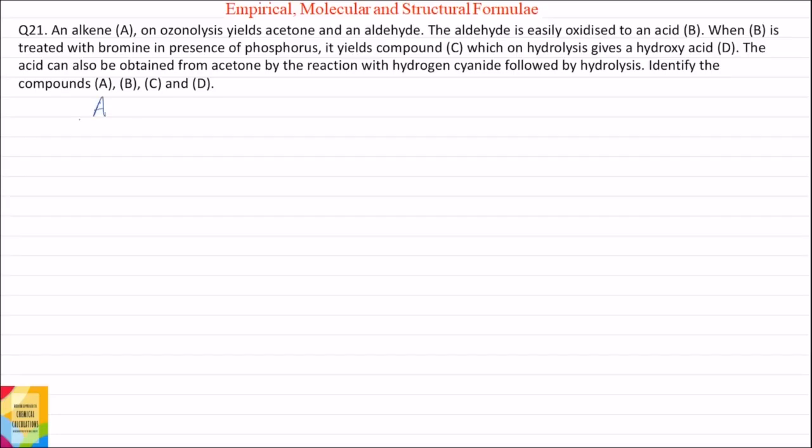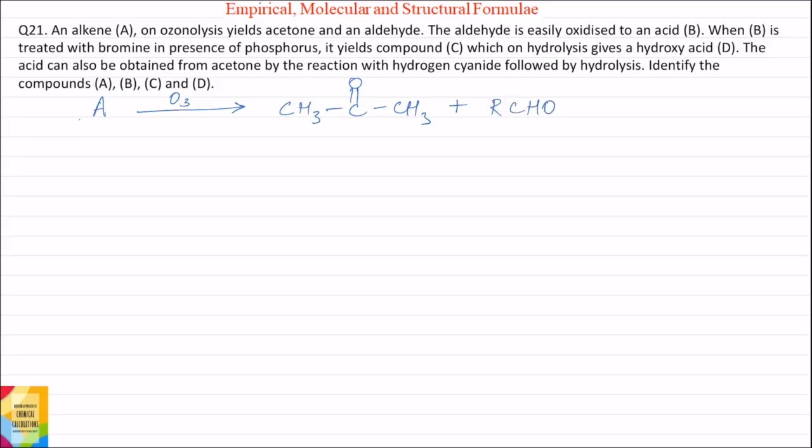A is the alkene which on ozonolysis gives acetone, that is CH3COCH3, plus an aldehyde, let it be RCHO.